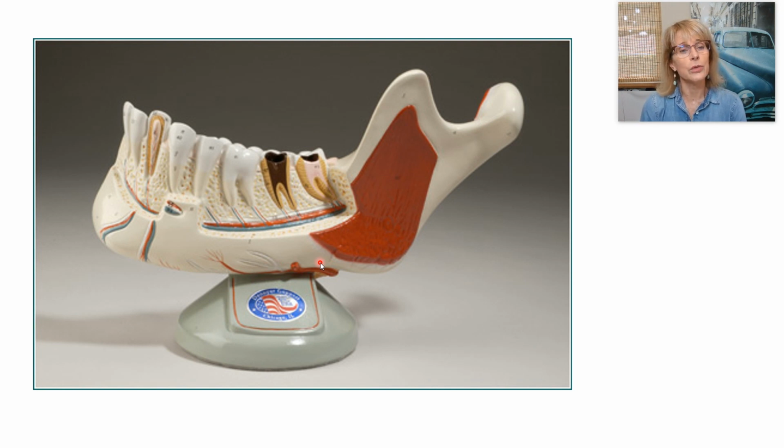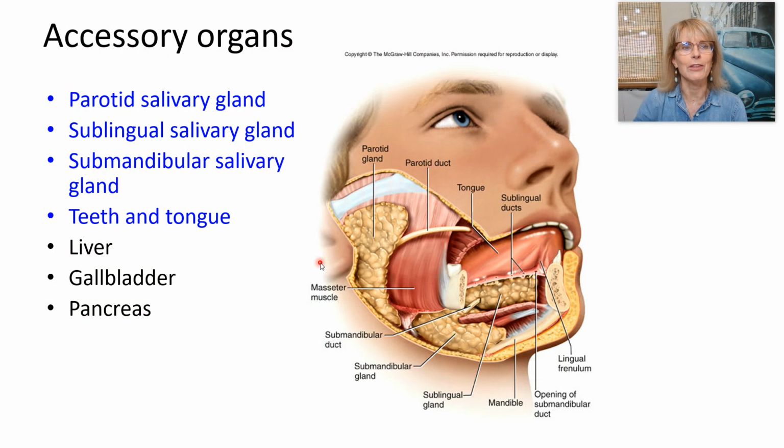And that is the kind of situation where you might need a procedure called a root canal, where they dig out all of the dead infected stuff and fill it up with a sterile fill material. So make sure you know all of your teeth.